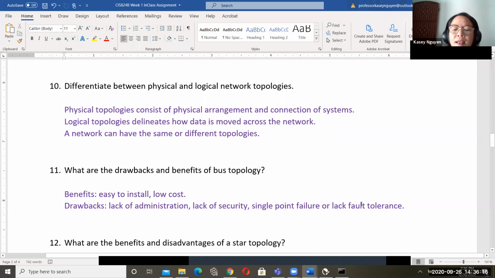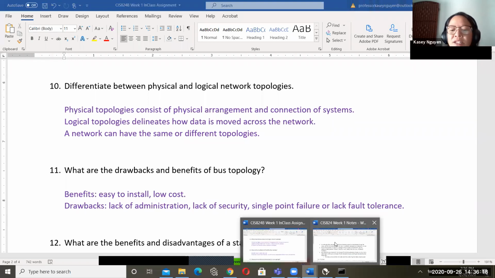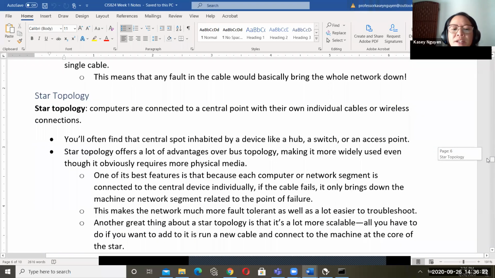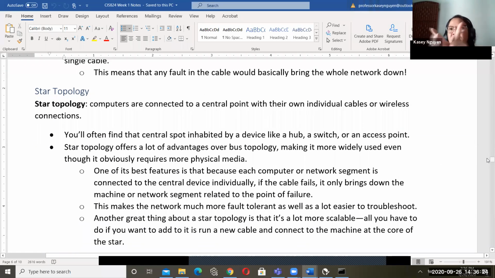Okay. Then we came up with a star topology. And the star topology, think of it like how it spokes out from one central point and then it spreads out, right? So it's like a hub. So if you have a switch and then you connect everything to that switch.